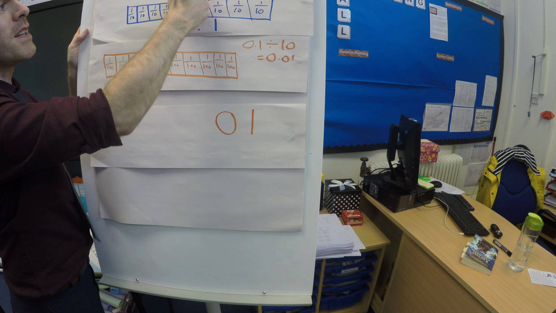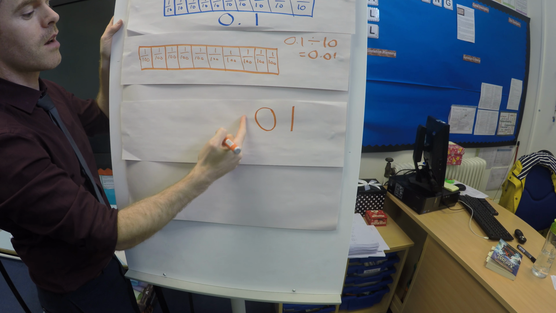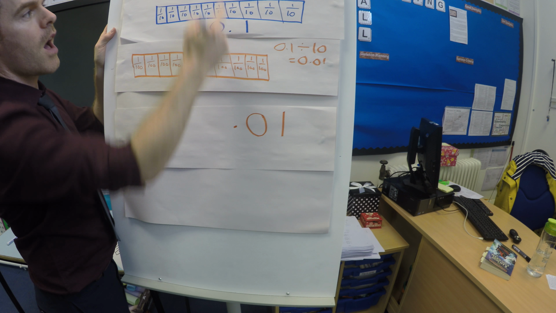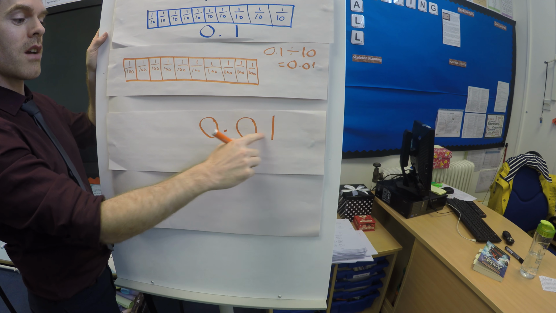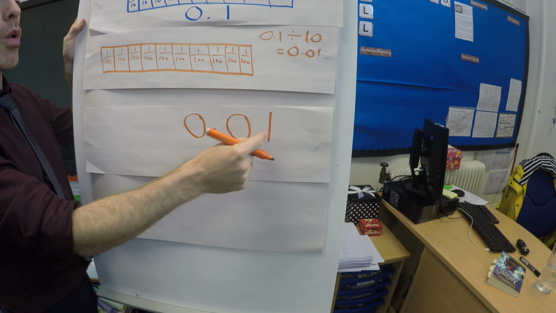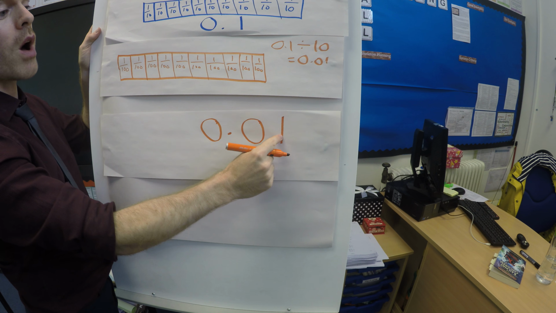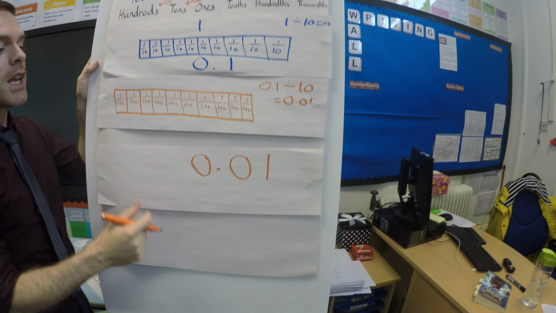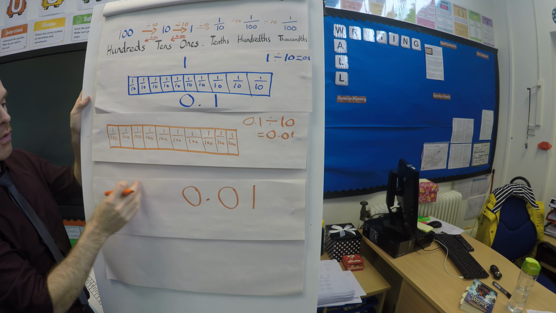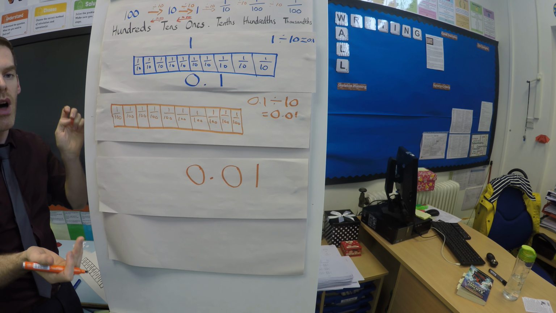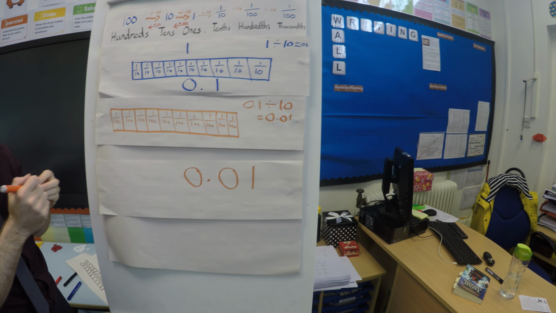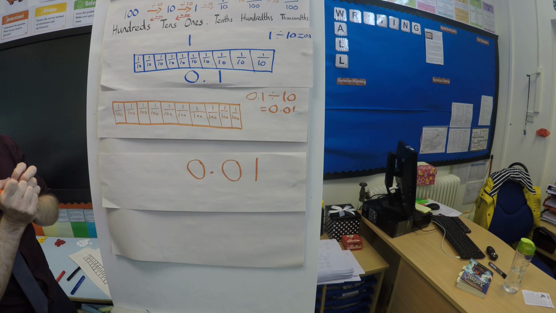My decimal point always stays on the right side of my ones, and I've got no ones. So 1/100th looks like this, 0.01. It's 1/100th, which is why my 1 is in my hundredths column. Now I could put zeros in all the other columns, but I don't have to, okay? You would still have the same answer, but we don't do that.